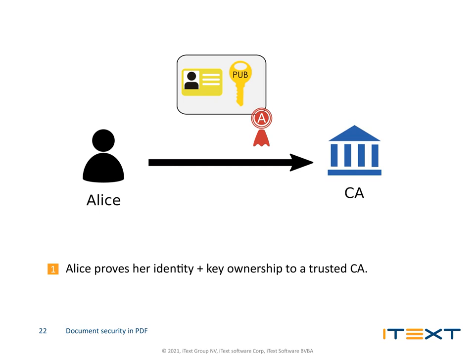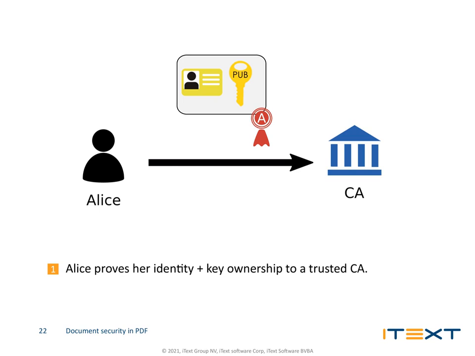So let's say that Alice wants to request a certificate from some CA. The precise procedure through which this happens depends on the policies of the CA, so there is some variation there. But the two main ingredients are more or less always the same.